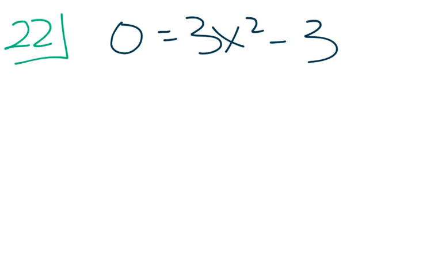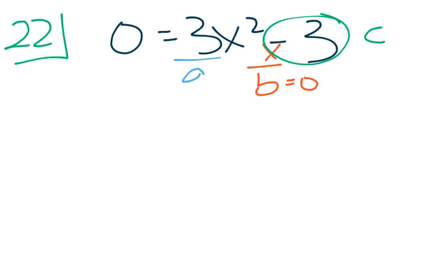And last one, we have 3x squared minus 3. As you can see, there is no single x. So what that means is that b is going to be 0. Okay? c is negative 3, and positive 3 is a.